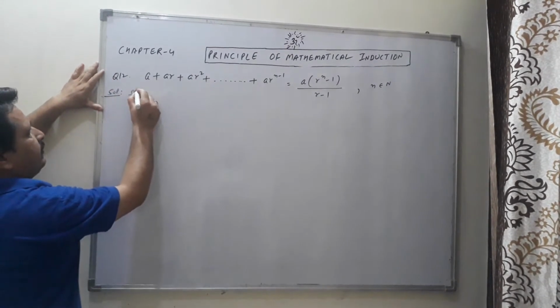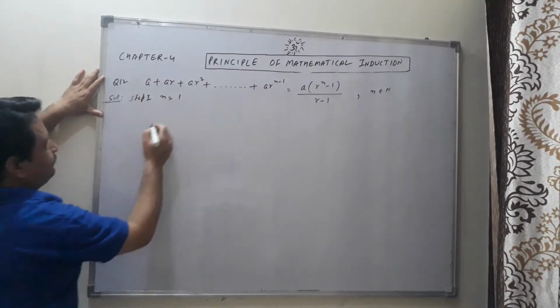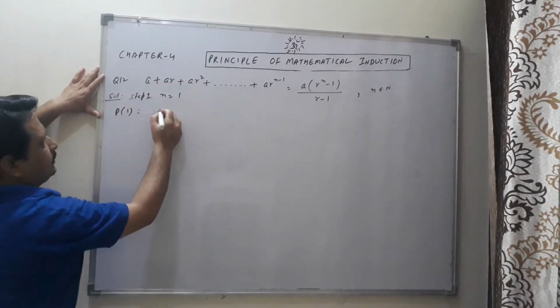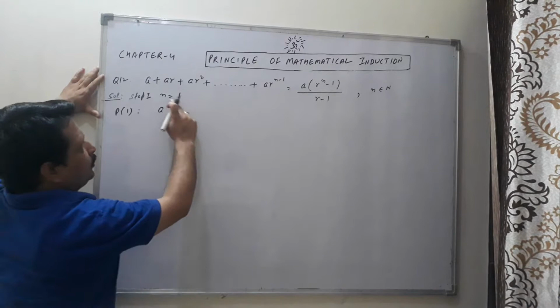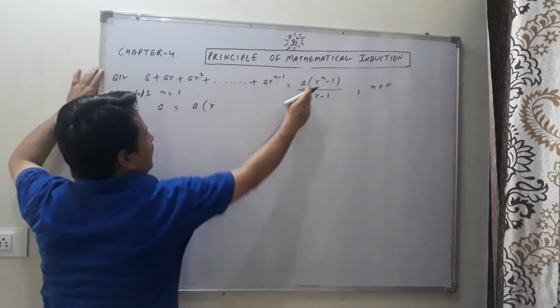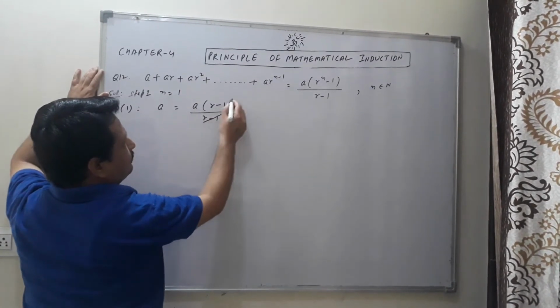Here is step number 1, that is n equal to 1. So P of 1, this is A. We will put n equal to 1 in the right hand side: A into R to the power 1 minus 1 upon R minus 1.